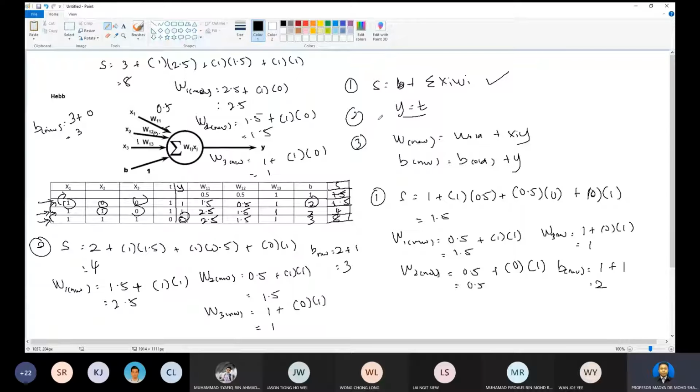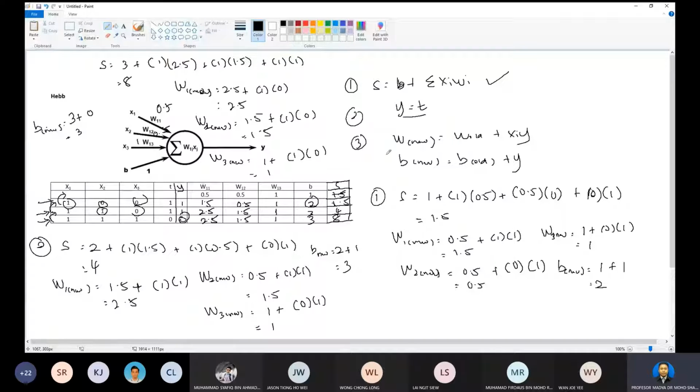No need to memorize the formula because, for example, Hebb, Perceptron and Adaline each have a different adaptation for weight and bias. But you have to know how to use it.